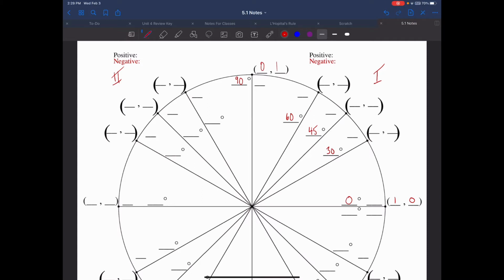Next, let's talk about the coordinate points. This angle here is 30 degrees. We're going to have some values from the special right triangles. If I go over to where these coordinate sets are, how far over and how far up did I go?